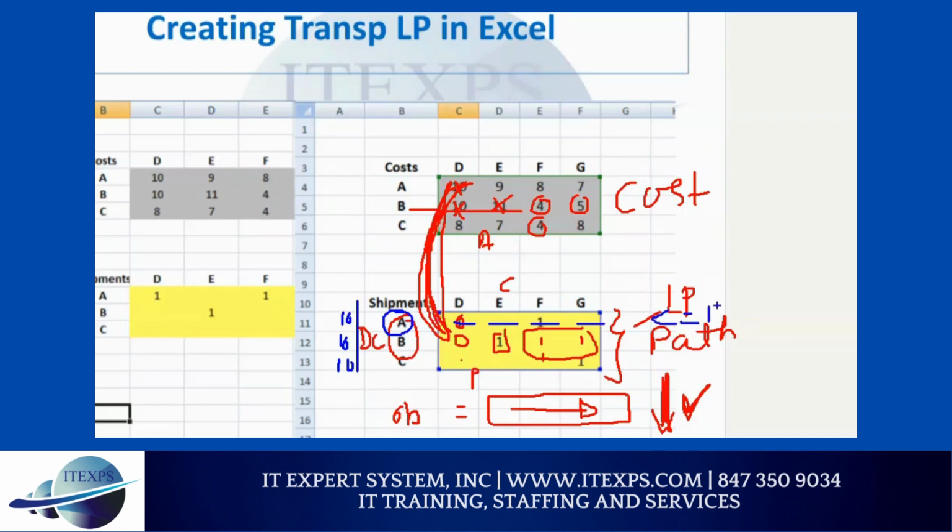Do you agree? What about B? B is doing the same. If I do 5 here, 2 here, 3 here, 1 here, it should not be more than 10. So the constraint is crystal clear: all items should be at most 10, because if I'm not producing more than 10, then I cannot deliver more than 10.